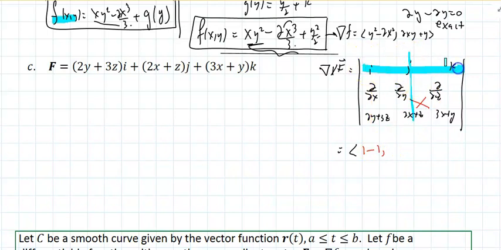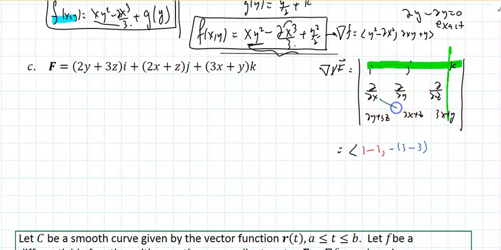The j component, the partial with respect to x minus the partial with respect to z. And the k component, the partial with respect to x minus the partial with respect to y. So, guess what? I am getting the 0 vector.